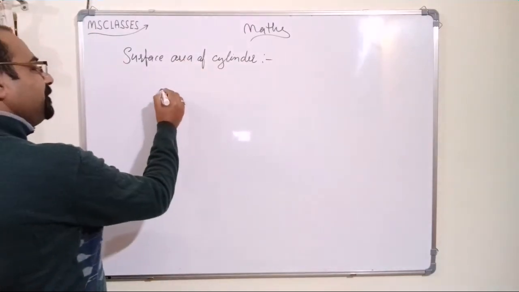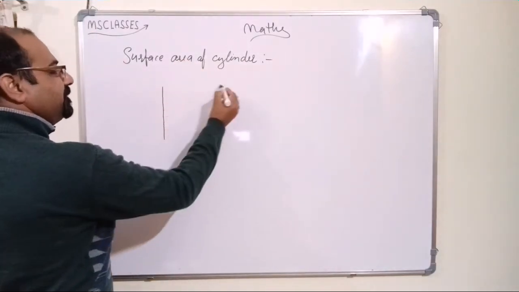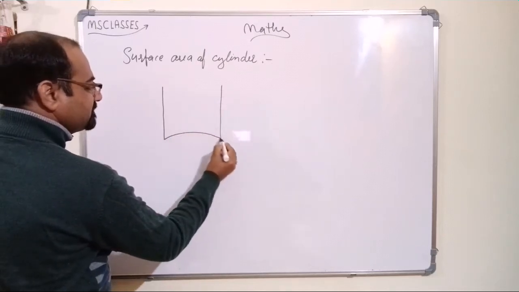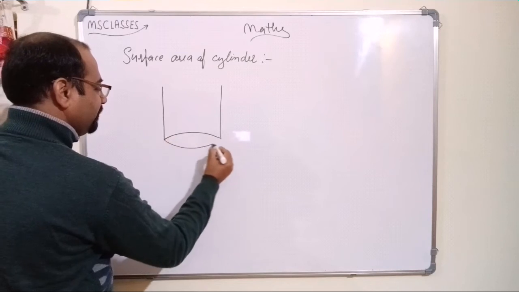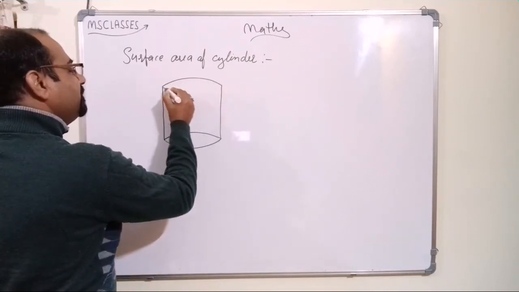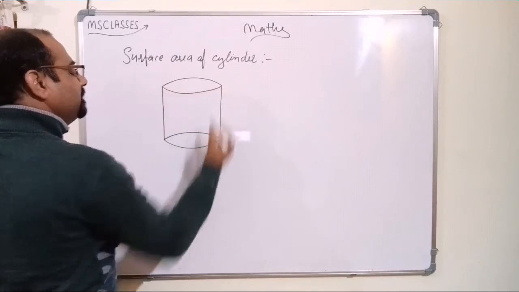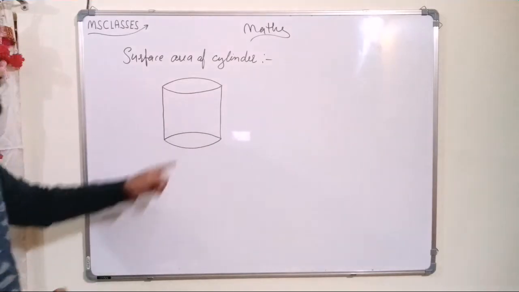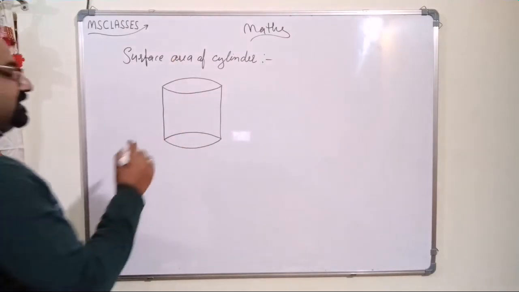A cylinder is one piece of a pipe. So this is a right circular cylinder. Why is this a right circular? Because when we make a perpendicular on the radius, it passes through the center of the cylinder.